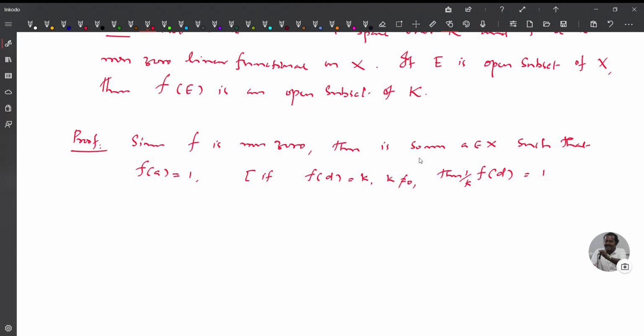So this implies f(d/k) equals 1. So you can let a be d/k. So this implies f(a) equals 1. So if f is non-zero, you can find some a in X such that f(a) is equal to 1 because f is linear.